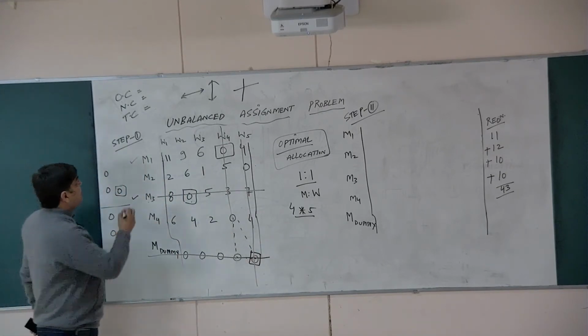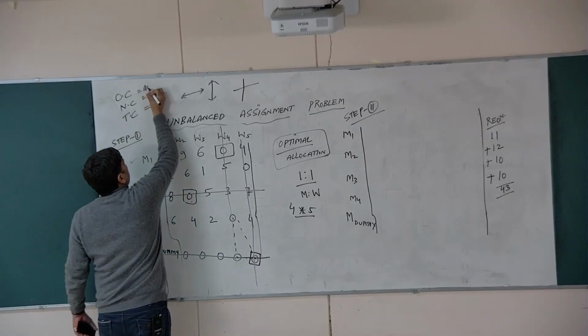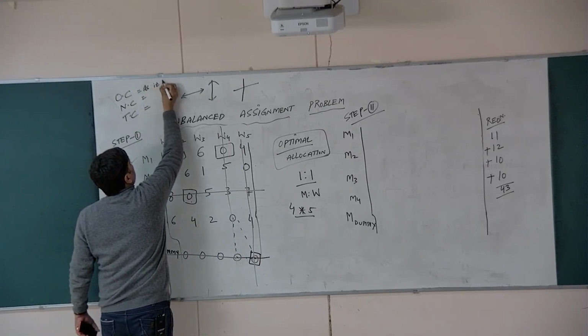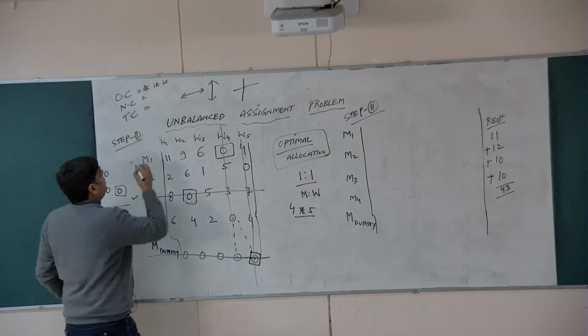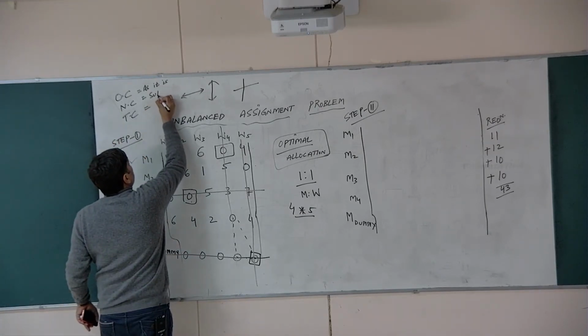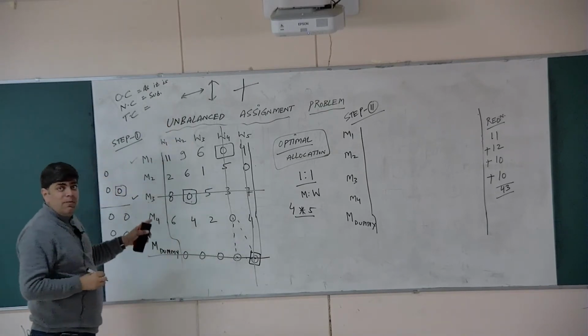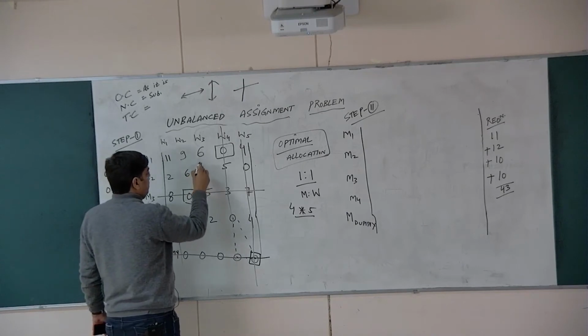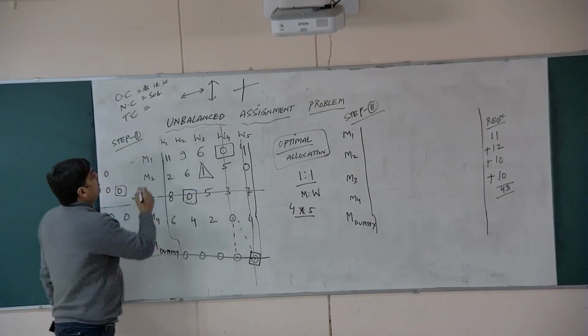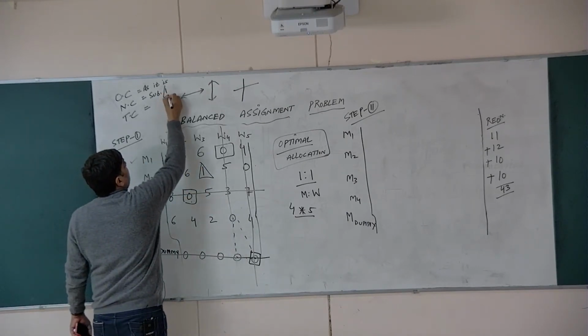So once cancelled, I'll write as it is, means we need not change it. Not cancelled, subtract the minimum element value that has not been selected. So what is that? Triangle 1. I'll write here 1.